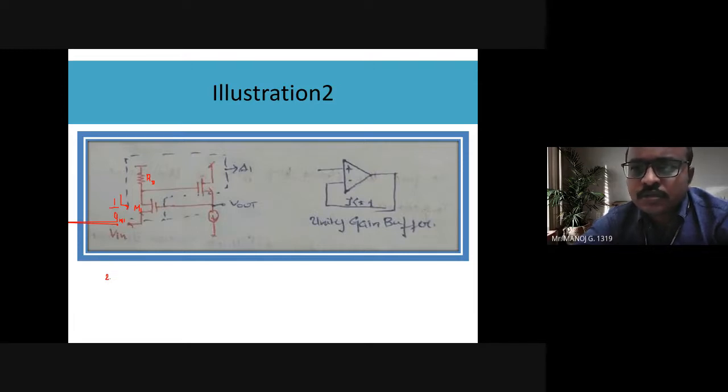It's very simple. Your Rn is given to be 1 by GM1. So what would be the expression? Fast. Joel, write the expression fast. We are running out of time.